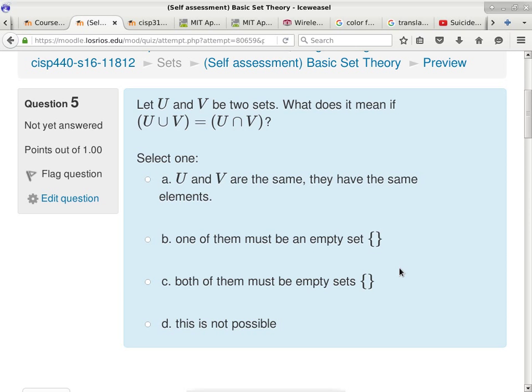They have to be exactly the same. Very good. So U and V have exactly the same elements. Now they can both be the empty set. But if you look at C, it is still a correct answer, but it's more restrictive than it has to be. So that's why the answer is actually A and not C.